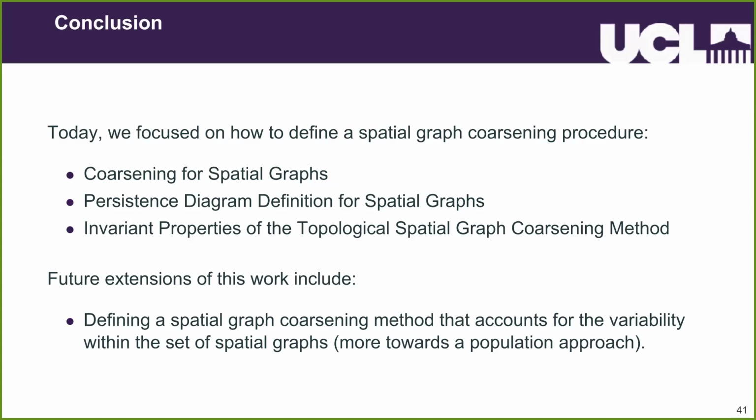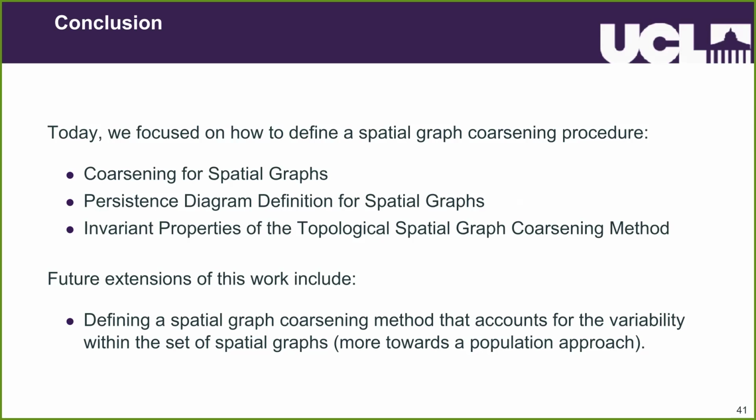So there are different future extensions. One, which is related to the question you mentioned, is to work a little bit better on how to find this optimal minima and also the properties of the score function. The other extension, which goes a bit more in the direction of the majority of the research I do, is to try to build this coarsening procedure, but accounting for the population.